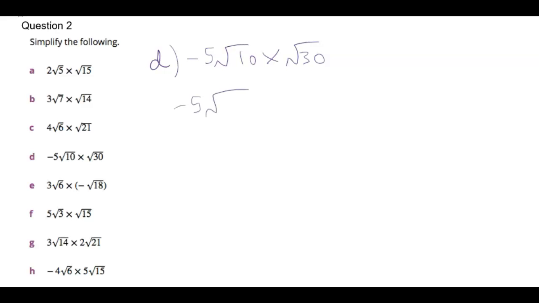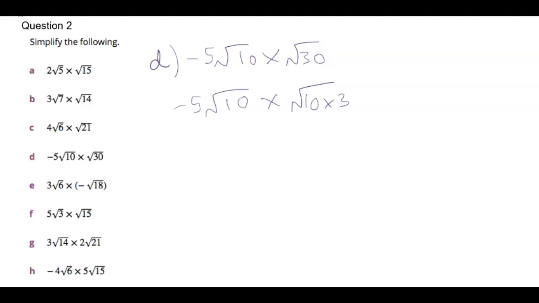So you can simplify this 10 at the moment, but I'm going to leave it as a 10. And when I say simplify it, you could do 2 times 5, but I'm not going to do that because that's not really going to work for me in the end. So see how I've got the 10 here? I'm going to rewrite that 30 as 10 times 3. Now, we're not simplifying our surds, so at this point, we're not looking for a square number.